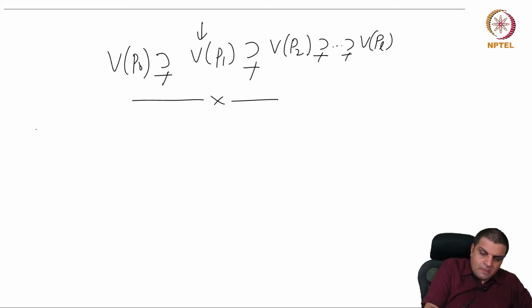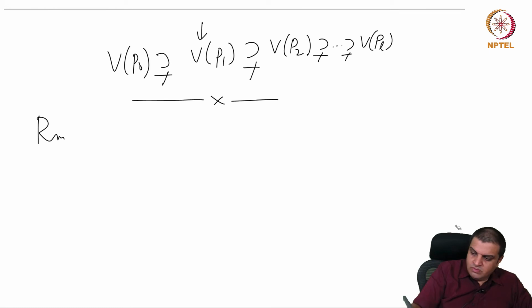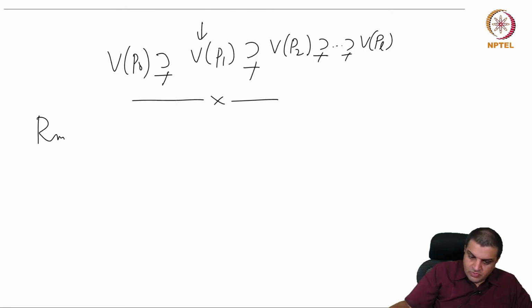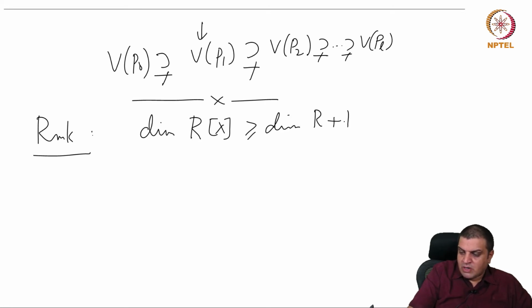So just a remark: the dimension of R[X] is at least the dimension of R plus 1, where X is a variable, for every ring R.